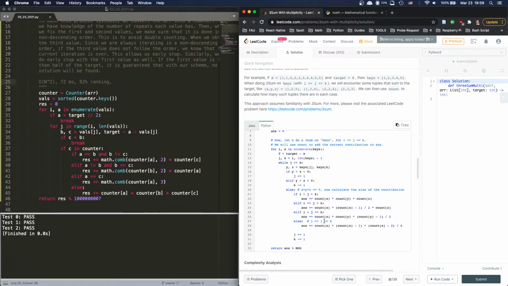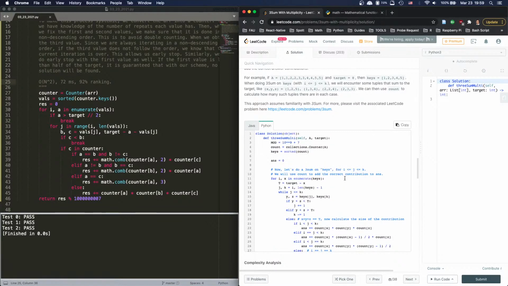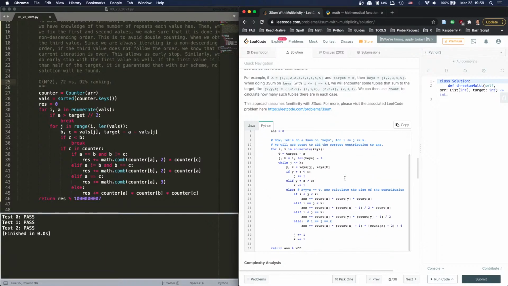What are you saying? What you're saying is, what are you saying? If these two that are keys J, keys K, right? Yeah, this is just the front and end, right? And then, oh, okay.